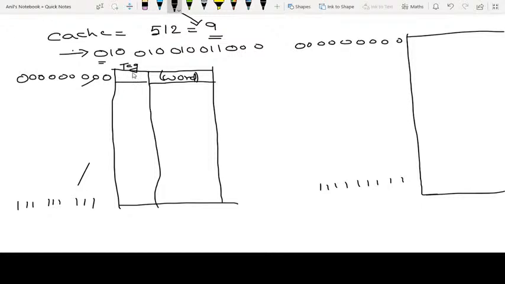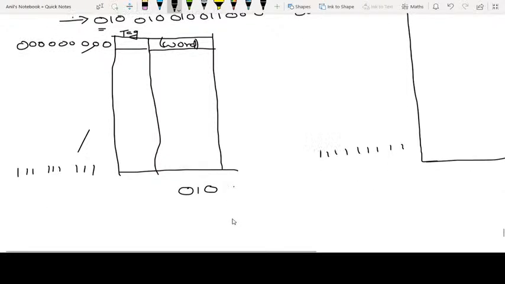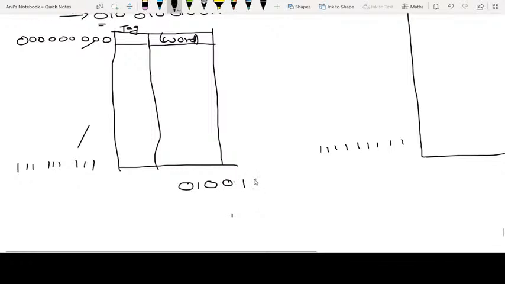Now let us stay focused. The reference address by the CPU will be divided into two parts. I will write it here as the space is not sufficient. The CPU reference address is 010010000000000, 15 digits, numbered 1 to 15.